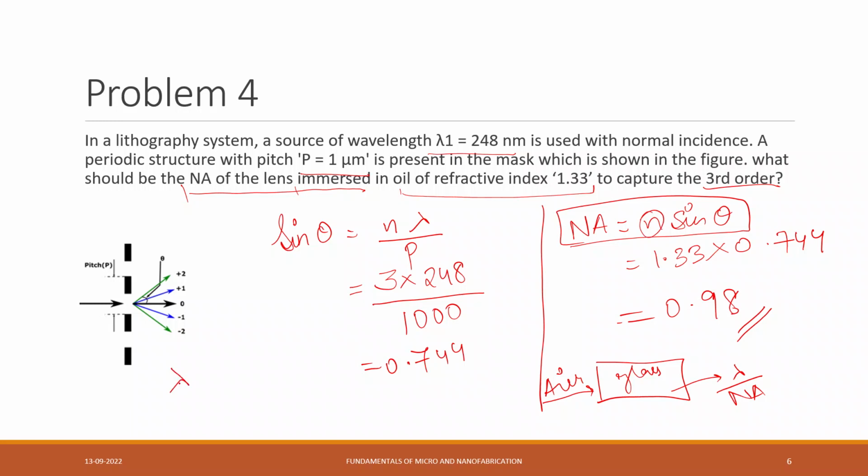So the resolution is given as lambda by 2 NA. In microscopes, when we decrease the resolution value, we get higher resolution, the resolution of the pattern.